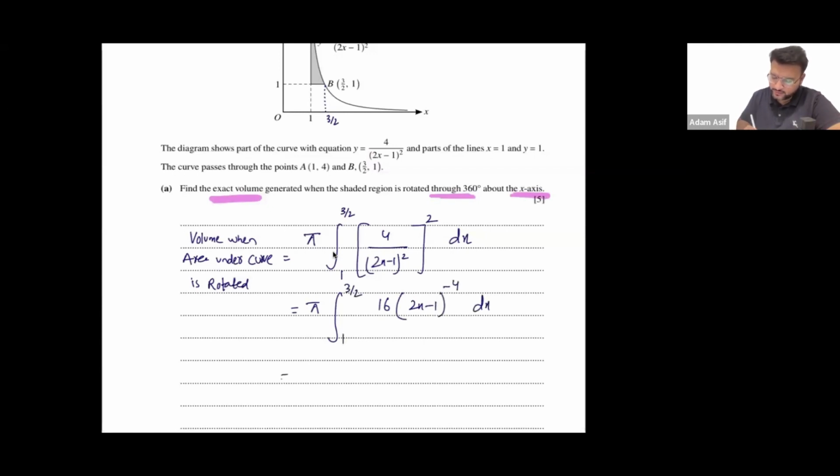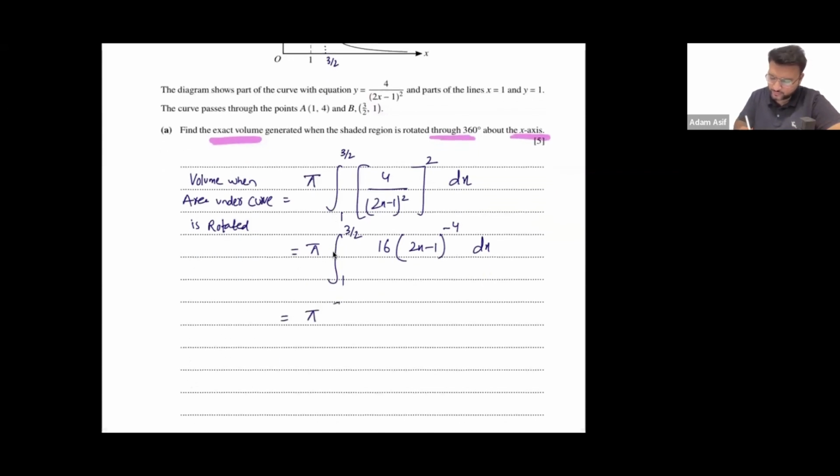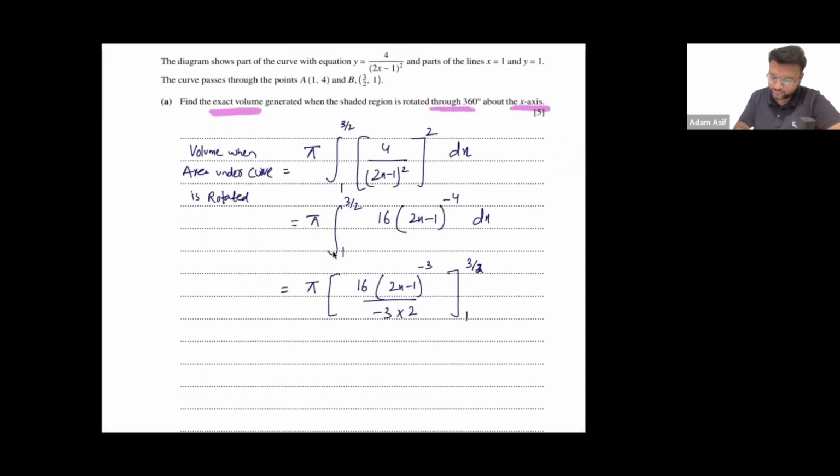Now let's integrate the function. (2x minus 1) to the power of minus 4 plus 1, divided by the new power times the derivative of the inside bracket. The limit is from 1 to 3 upon 2. Okay. Now you can calculate this.